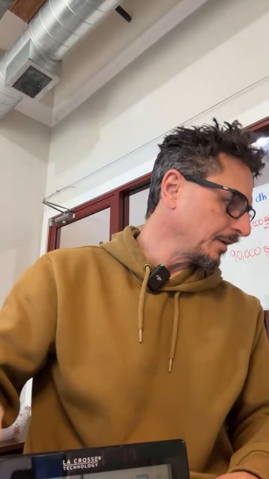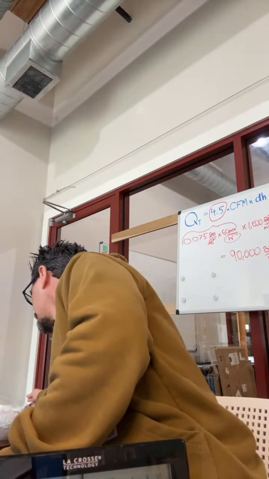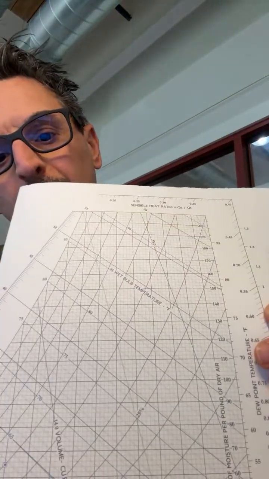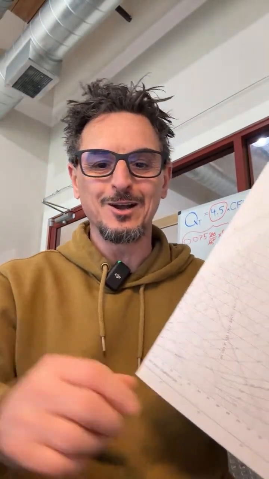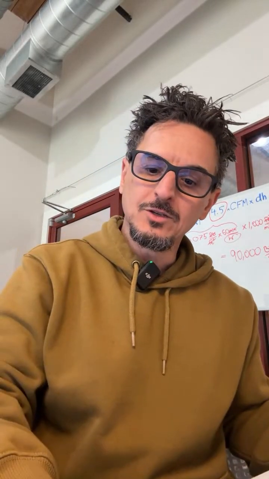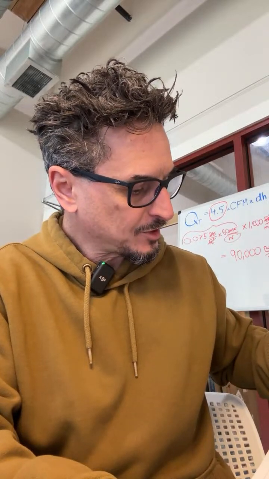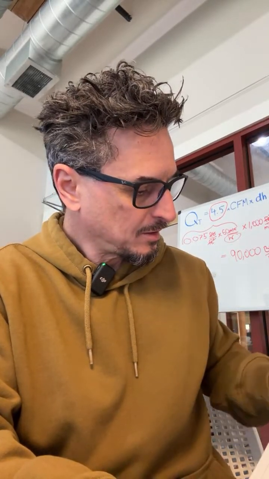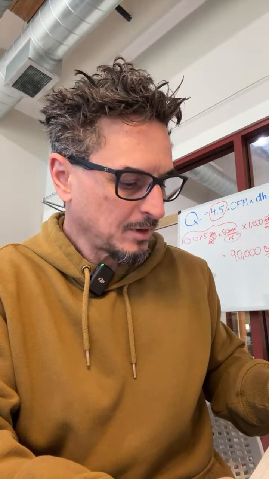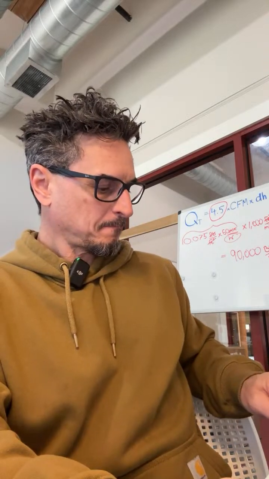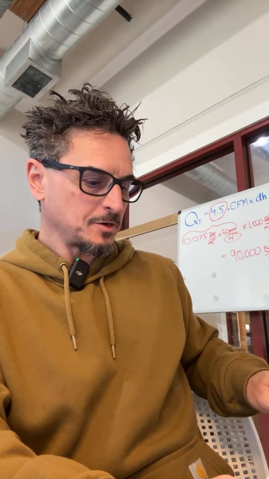So if I look at my psych chart, this is called a psychrometric chart. If you're not familiar with this, we do have a lot of videos on our YouTube channel to look that up. If I look at the dew point in our office here at 70 degrees, 50% RH, it is about 50, make sure I get this right.